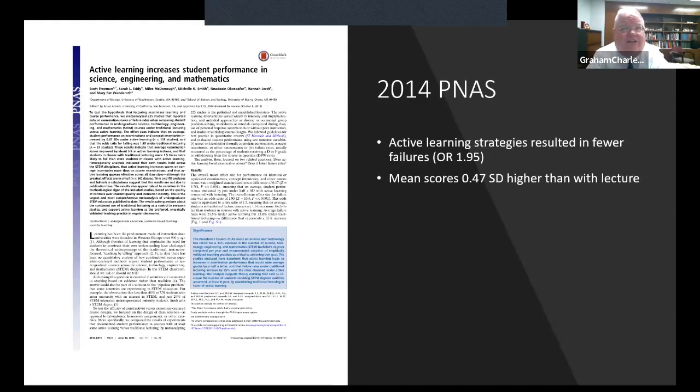And so using the most effective techniques to improve our learners' outcomes was really important. So this is a meta-analysis that was published in 2014 about the use of active learning in science, engineering, and mathematics.